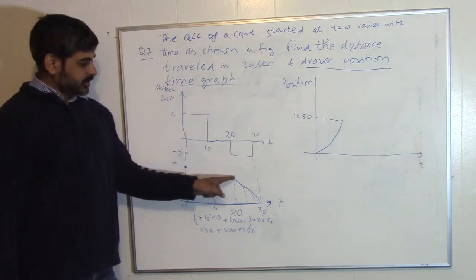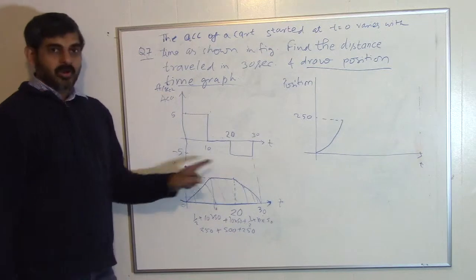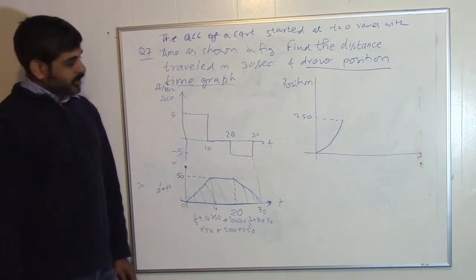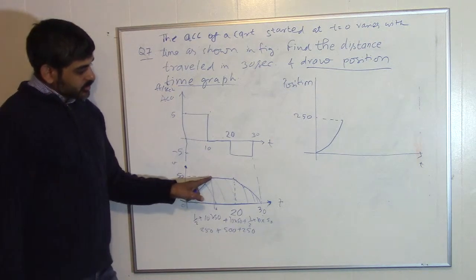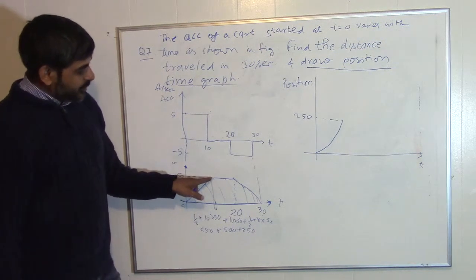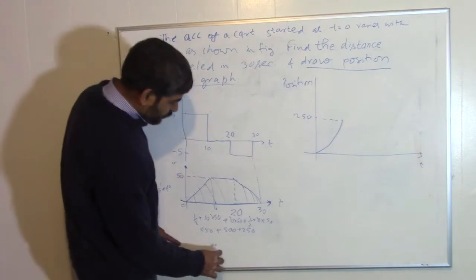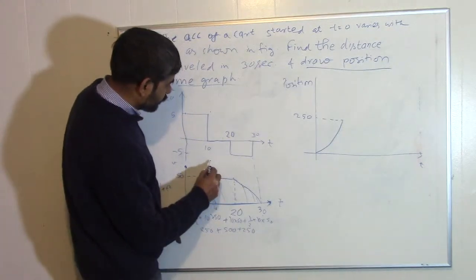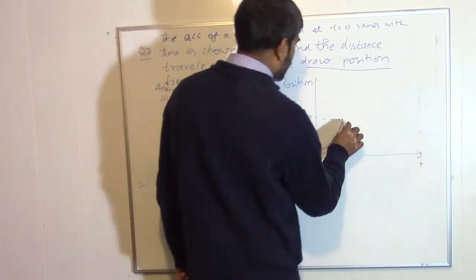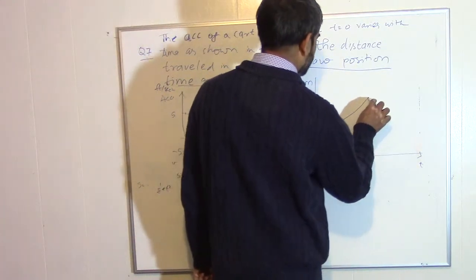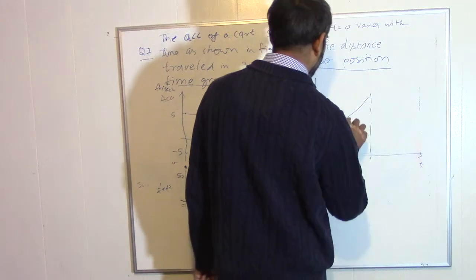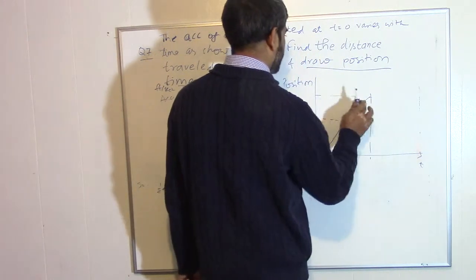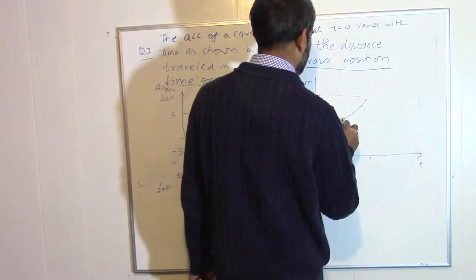And in this position, the velocity is constant, so the distance will vary with time as a linear function of the time. This is 250, this is 500, something like this.